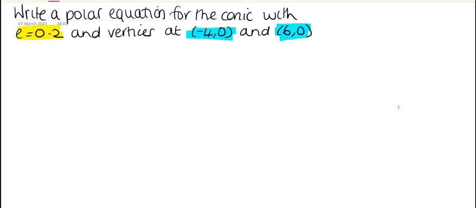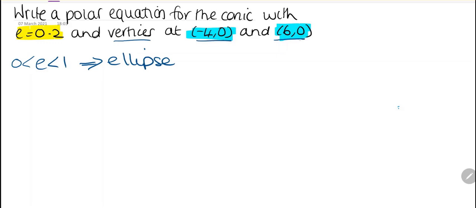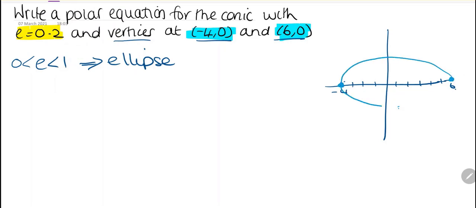Okay, let's have a look at the answer. So we know that e is greater than 0 and less than 1, so our conic is an ellipse. We're told our vertices are on the x-axis, so we know we're looking at cosine, and if we draw these, the focus is at the center. Now we need to find the midpoint.